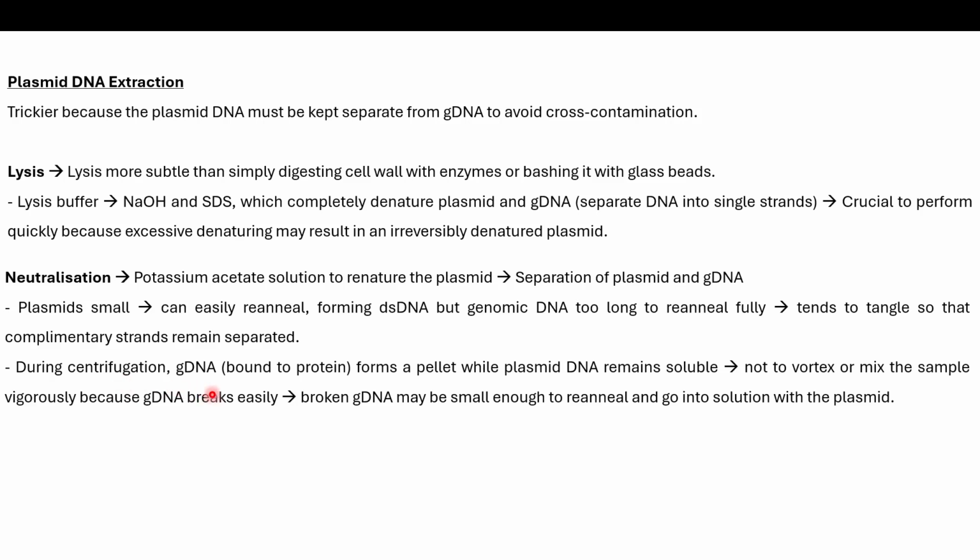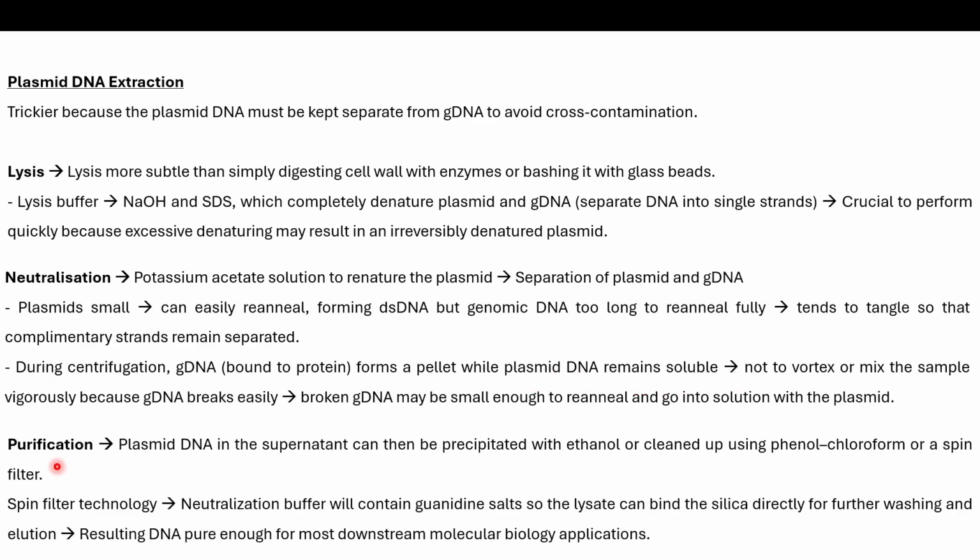And then by centrifuging the whole sample, genomic DNA which is bound to proteins forms a pellet and separates out from the plasmid DNA, which remains soluble. Then you finally purify it. Plasmid DNA is in the supernatant. This can be precipitated with ethanol, which disrupts its interaction with the solvent, or it can be cleaned up using phenol chloroform, wherein the plasmid DNA is present in the aqueous part, right?